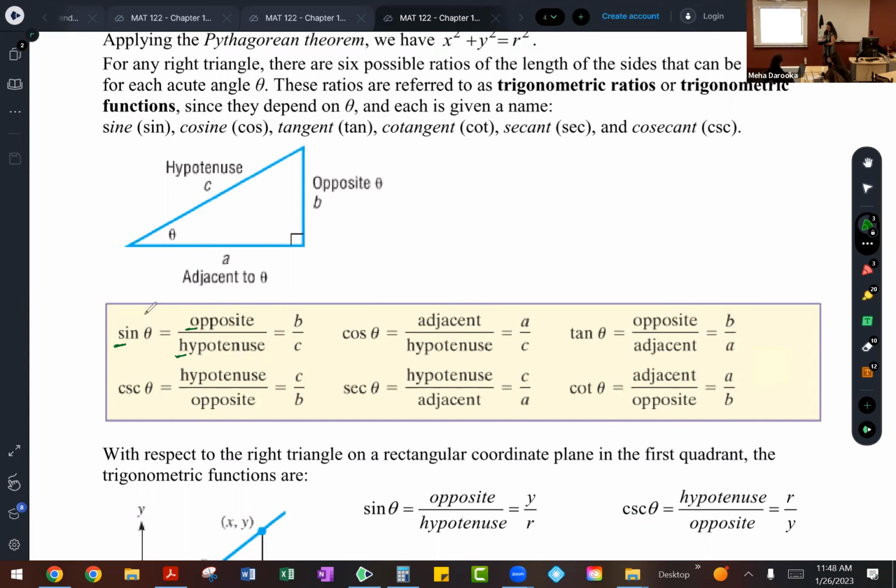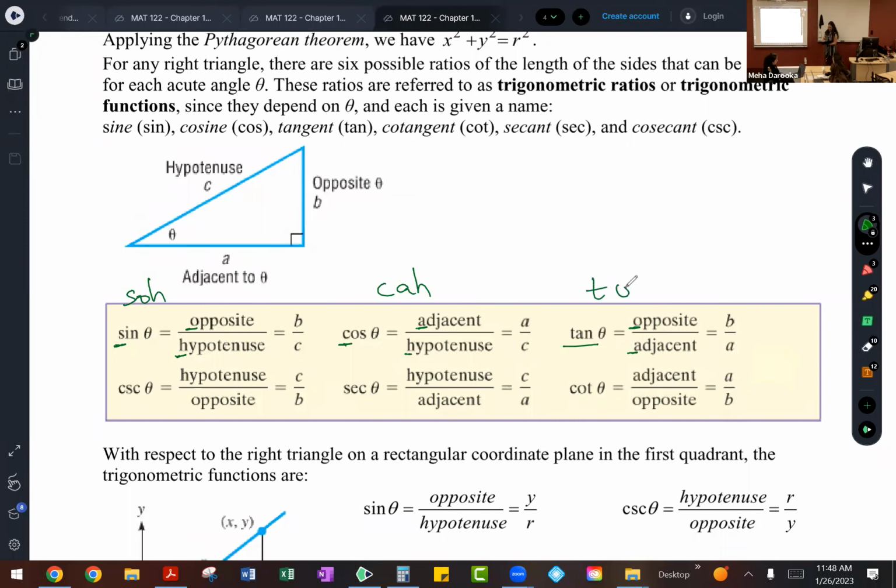So that's your SOH. Your cosine function is defined as adjacent over the hypotenuse. So that is CAH. And then your tangent, of course, is defined as opposite over adjacent, because again, remember, tangent is sine over cosine. So sine represents the opposite side, cosine represents the adjacent side.